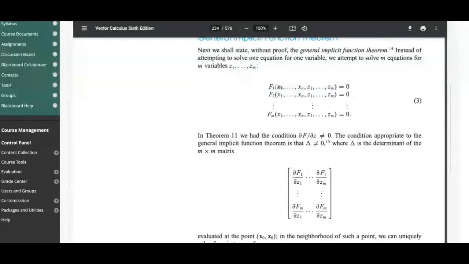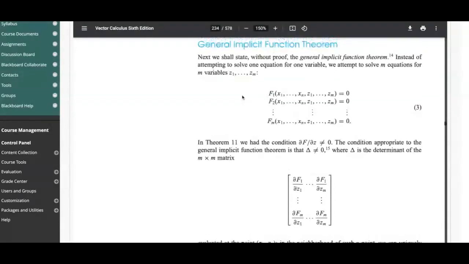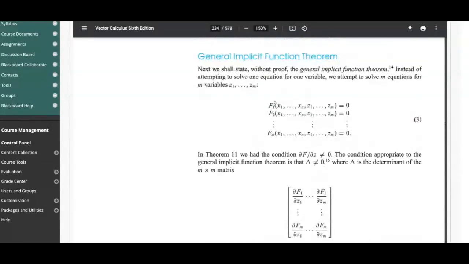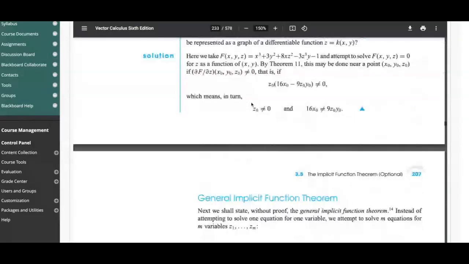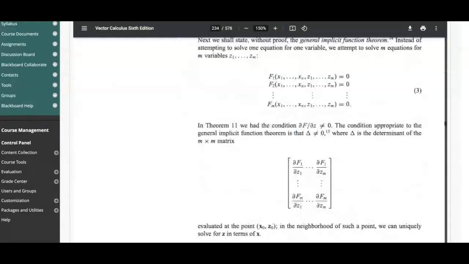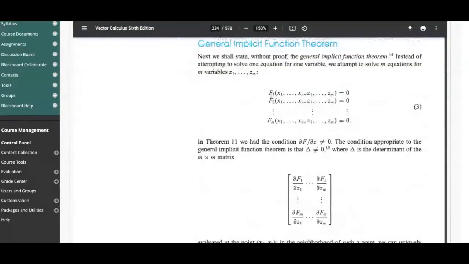Think about each component as a real valued function: f1 is the first component, f2, and so on. Just imagine in your head that f itself goes from n space to m space.